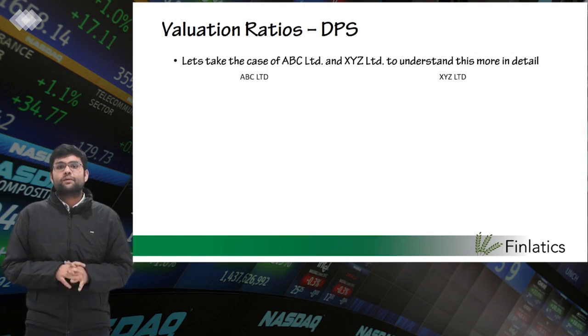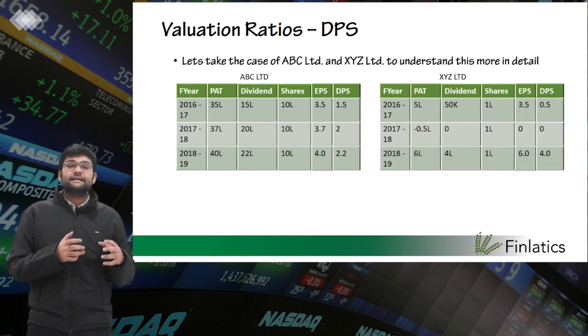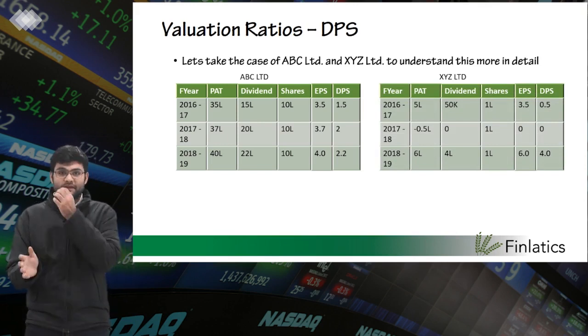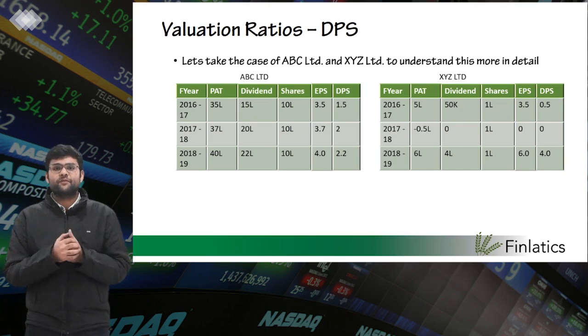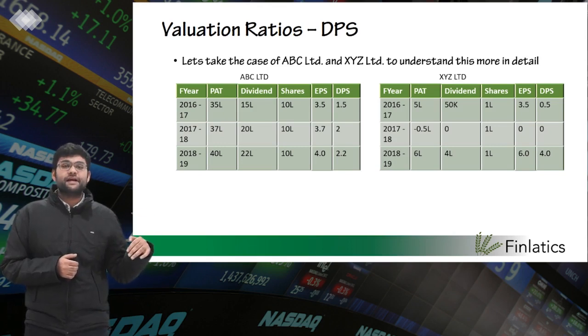As you can see, we have added two columns to the same table that we used while studying EPS in order to study the concept of dividend per share. These two columns are of dividend and dividend per share, which is DPS.